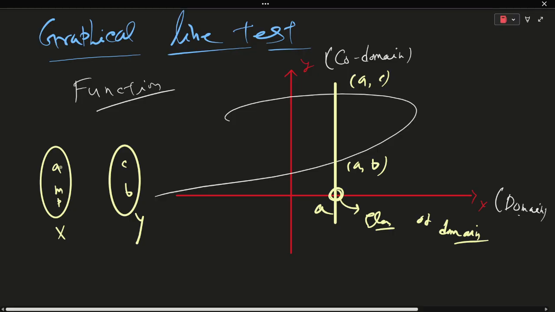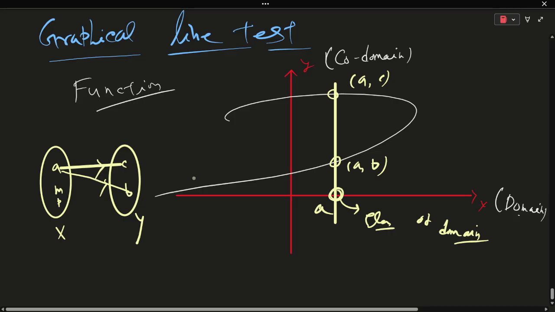So for this curve, A maps to C and A maps to B also. This point and this point are cut. One element having two images is not possible for a function.